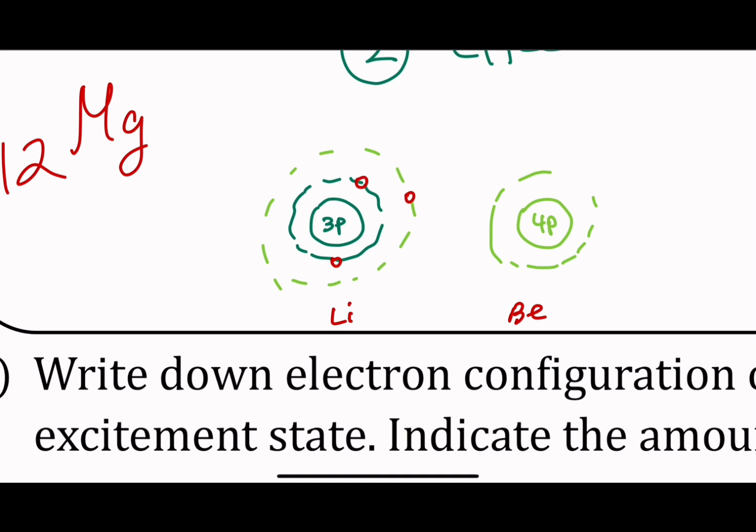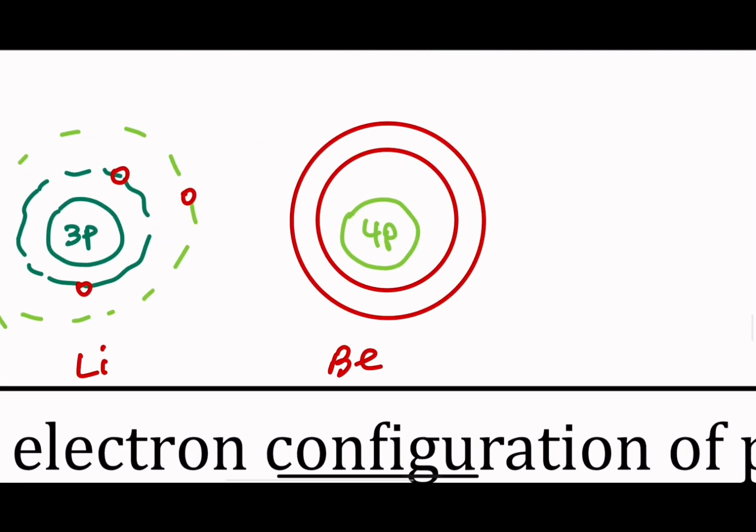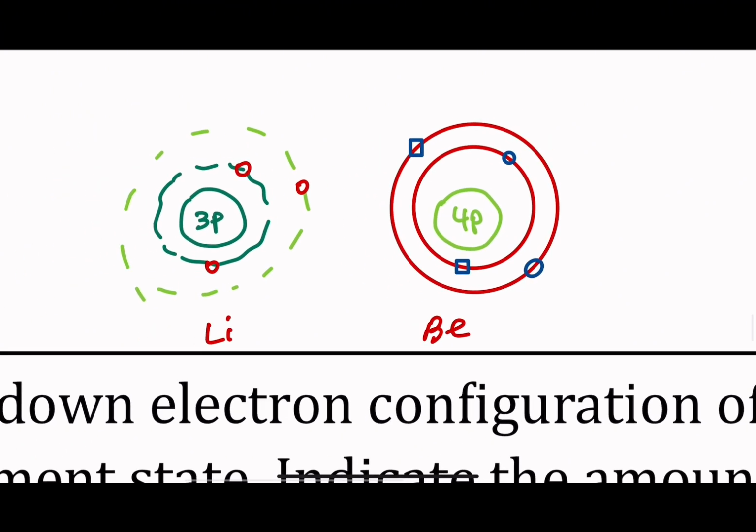Let me make it look pretty. So I've got the first shell and the second shell. In the first shell I've got 2 electrons, 1, 2, and in the second shell I have 1 and 2. So 4 electrons.